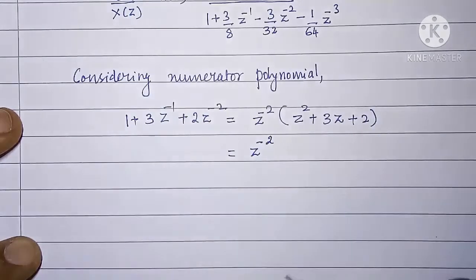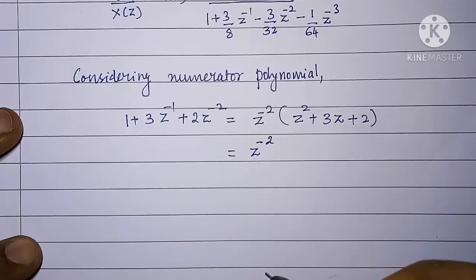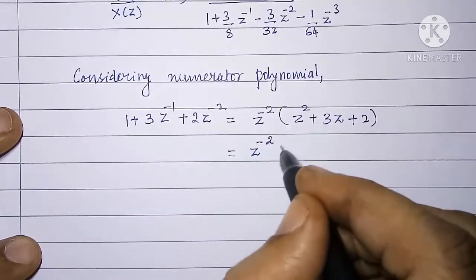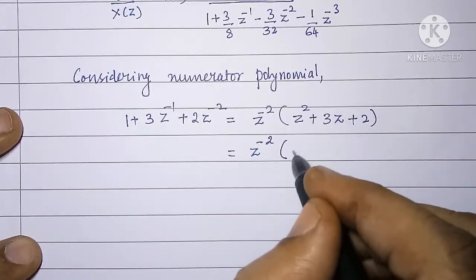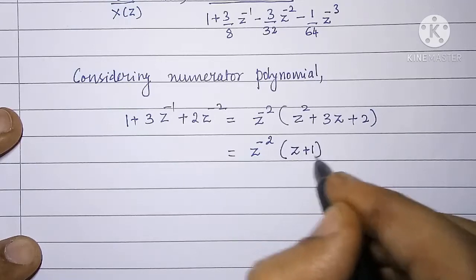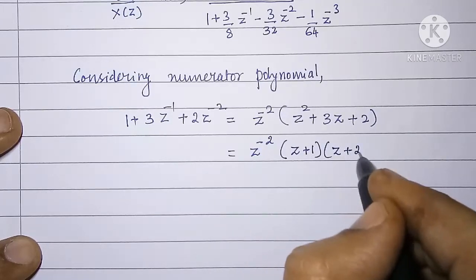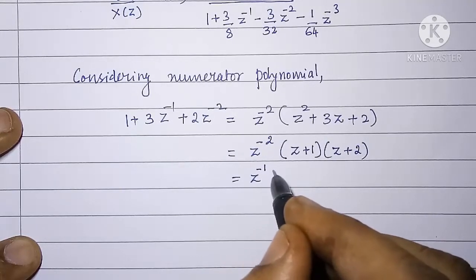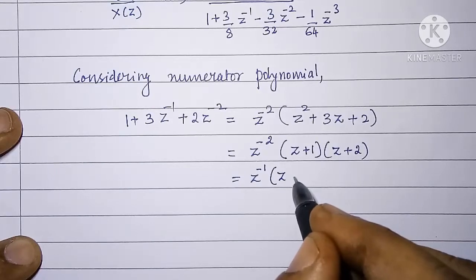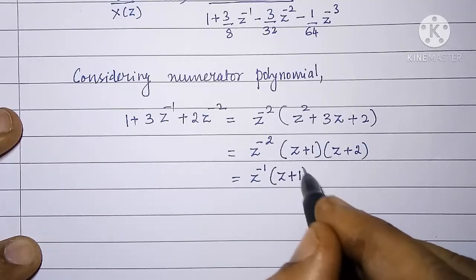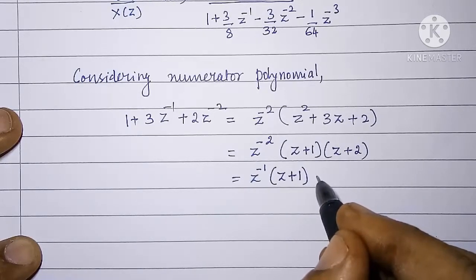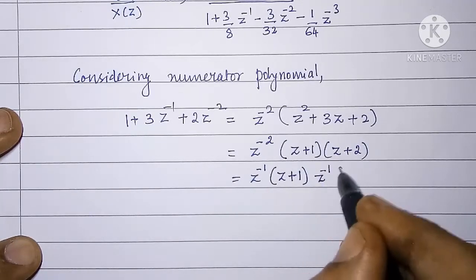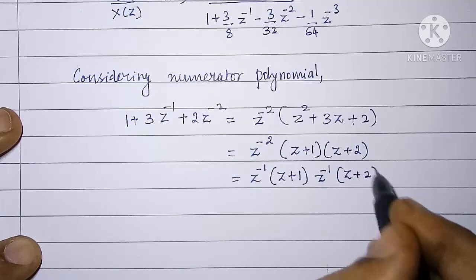Finding its zeros, we get z plus 1 into z plus 2. Now splitting this z raised to minus 2 as z raised to minus 1 into z raised to minus 1, we can write z raised to minus 1 into bracket z plus 1 into z raised to minus 1 into z plus 2.